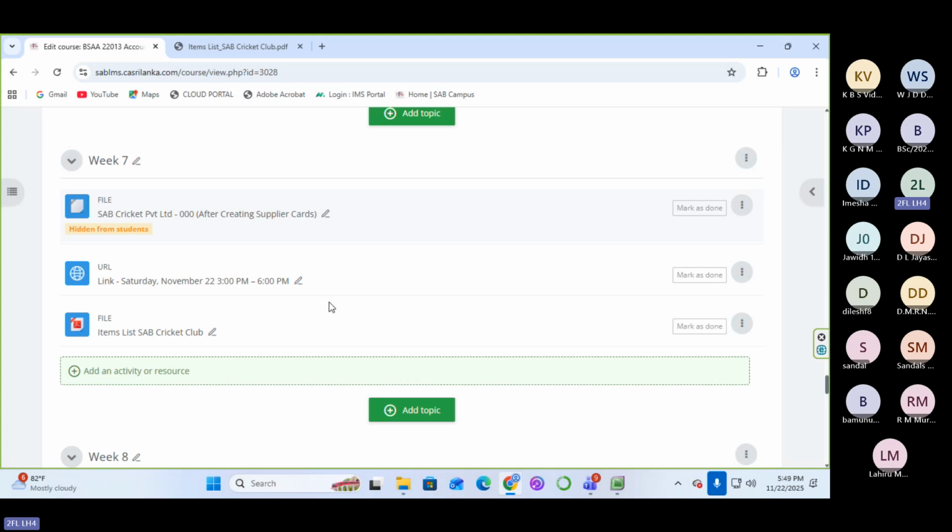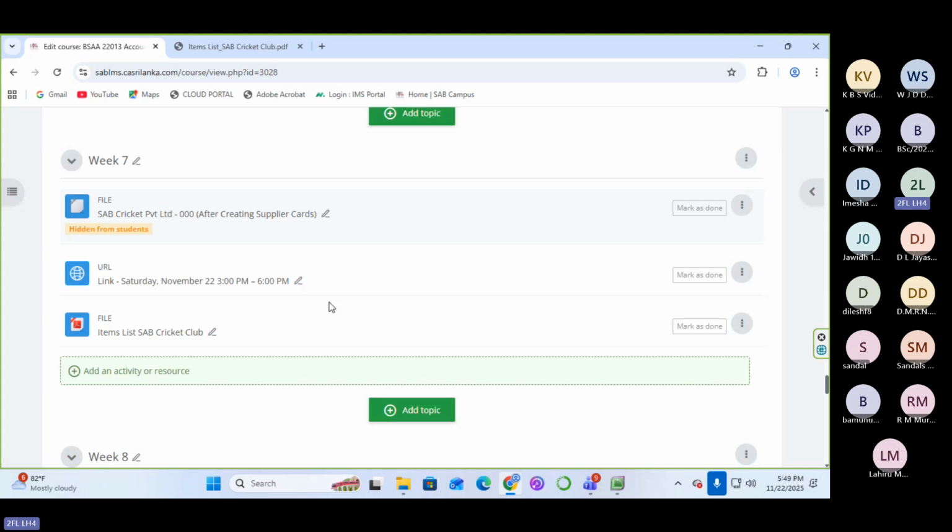Because in the examination, sometimes you will not be directly given the code to copy and paste or just to enter. Sometimes you will be given the description of an item, and based on that description, you will have to create the item code on your own. Therefore, master that skill.